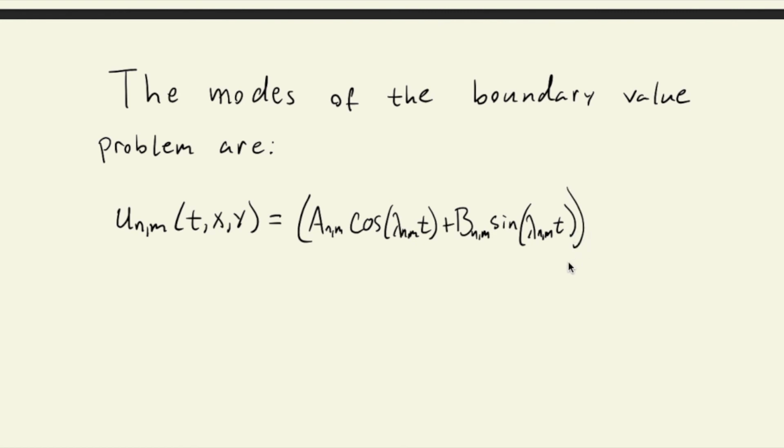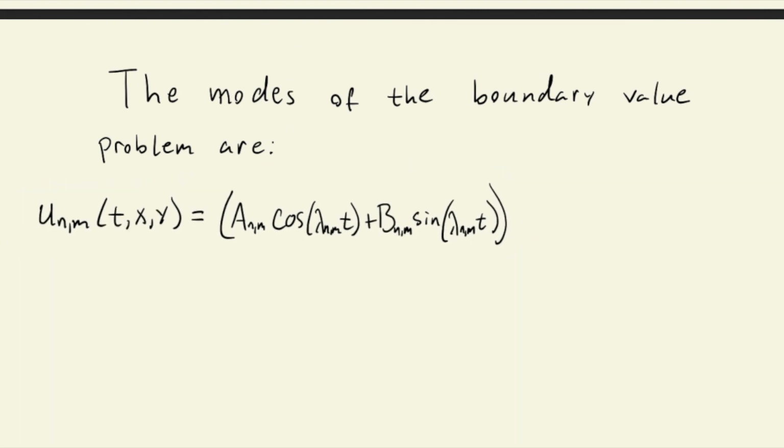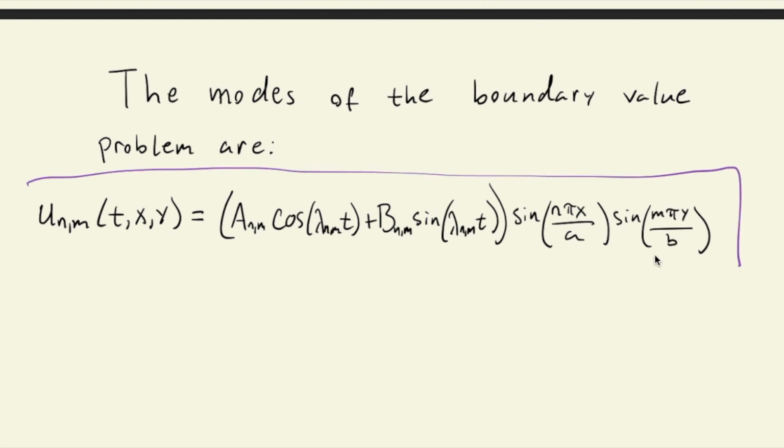That's the G. Boy, I need more space here. Times the F. The F was the product of the sines. It had a constant C in front of it, which I said was unimportant, and I'm not going to write it. It's going to be sine of n pi x over a times sine of m pi y over b. And these are the modes of this boundary value problem.